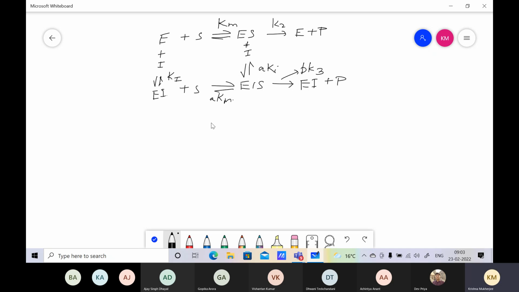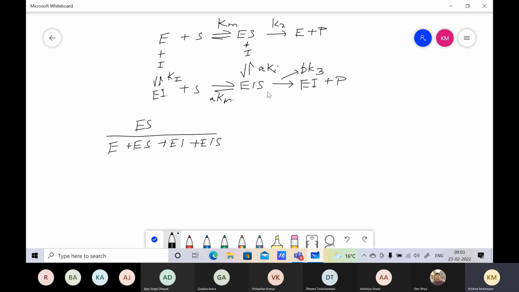And we essentially derived the fractional saturations. What was the fractional saturation in terms of ES? ES upon ET, which is E plus ES plus EI plus EIS.